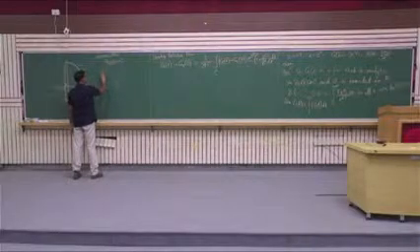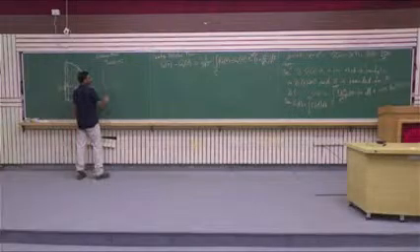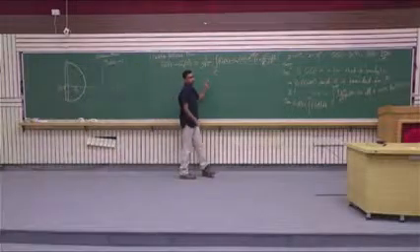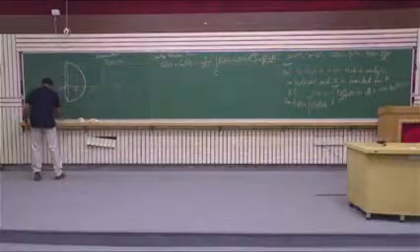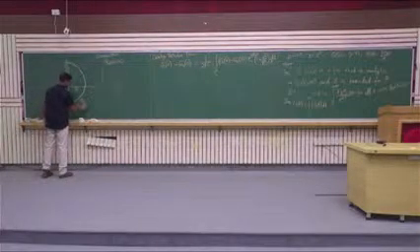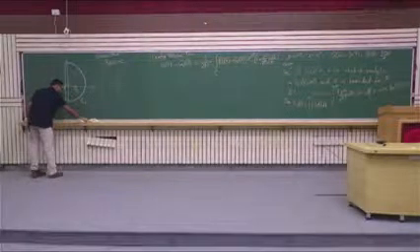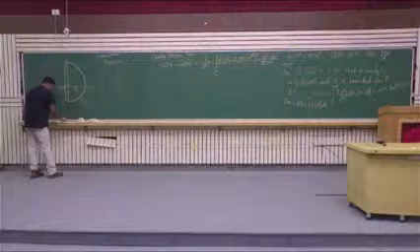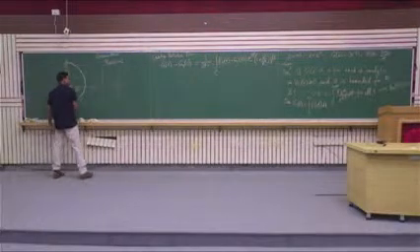The integral over the part of the contour which is here, we can call the positive side of the contour, C plus, and this one the negative side, C minus.